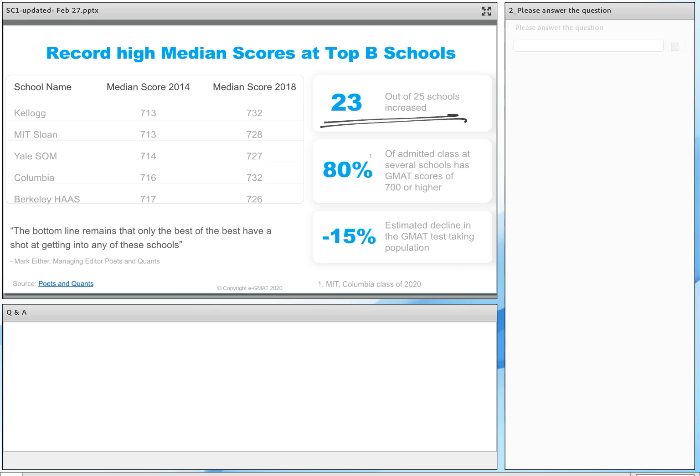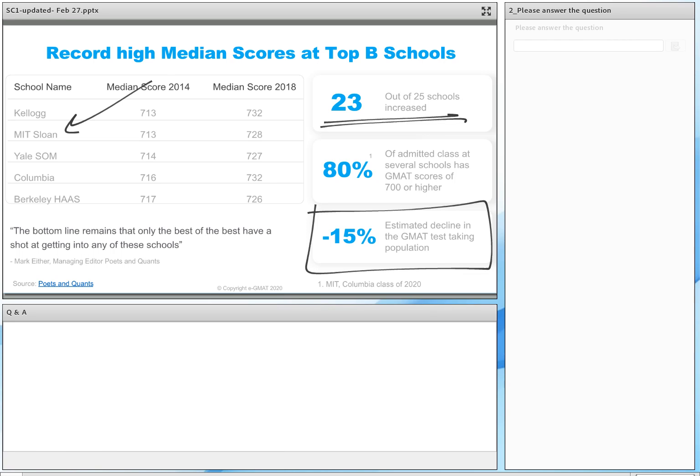For the 24th one, they actually remained the same. They only decreased for one school, and this is despite the fact that there was a 15% decline in the test-taking population during this period. And in the 2020, 2021 cycle, for the first time, we have an increase in applicants to business schools.